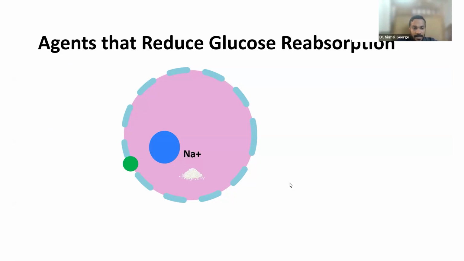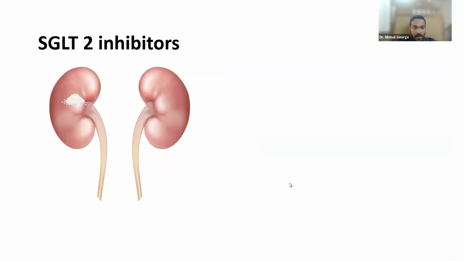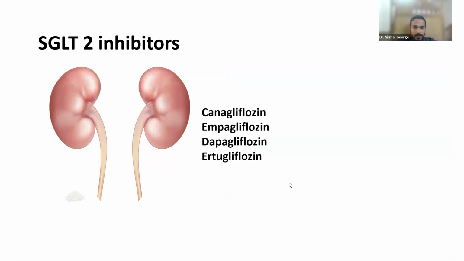So this transporter is inhibited by these agents. These agents are called SGLT2 inhibitors, sodium glucose co-transporter 2 inhibitors. Because glucose is not reabsorbed, it will result in excretion of glucose through the kidney. There are 4 agents that are available right now: canagliflozin, empagliflozin, dapagliflozin, and ertugliflozin.